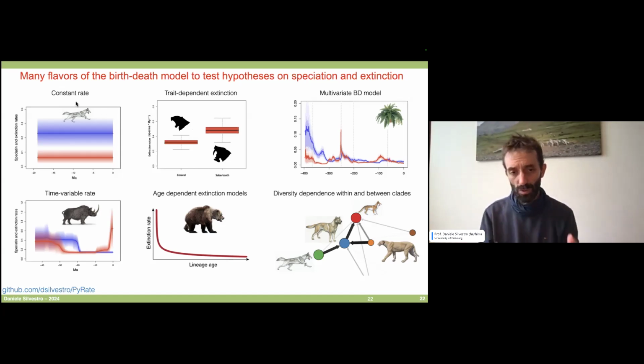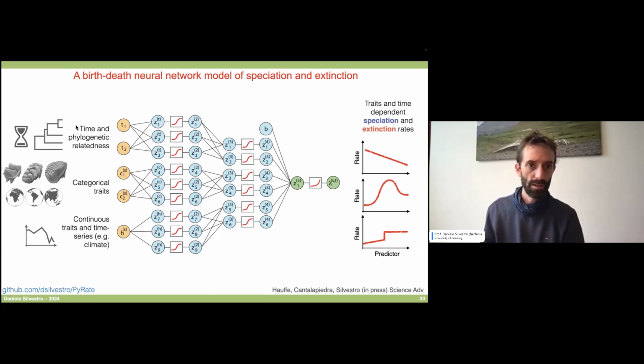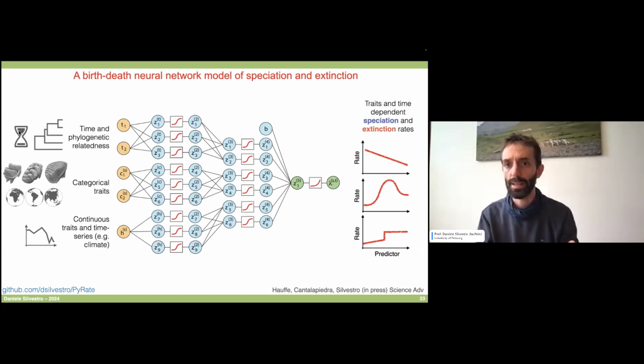So as a solution to these, and with the aim to try to put together all of these different flavors of birth-death models within a single framework, we developed the BDNN model, which is a birth-death neural network model, where essentially we express the speciation and extinction for each species and for each time bin as a function of a number of traits, time itself, phylogenetic relatedness, whatever we want, basically.